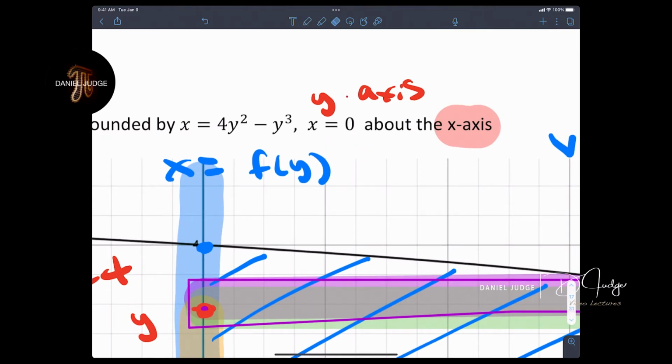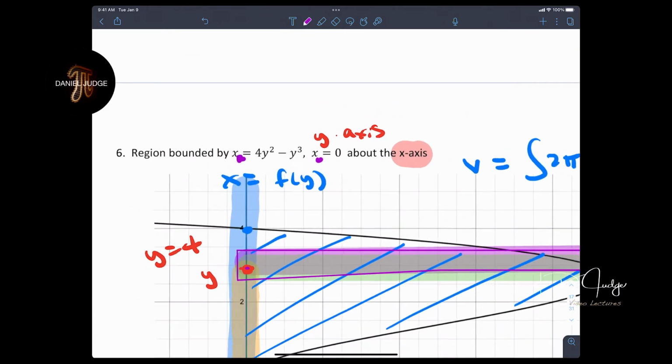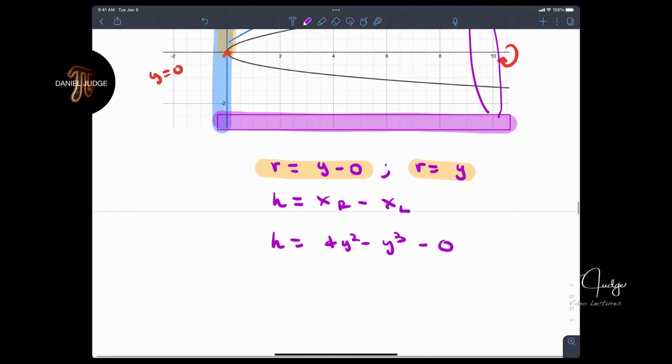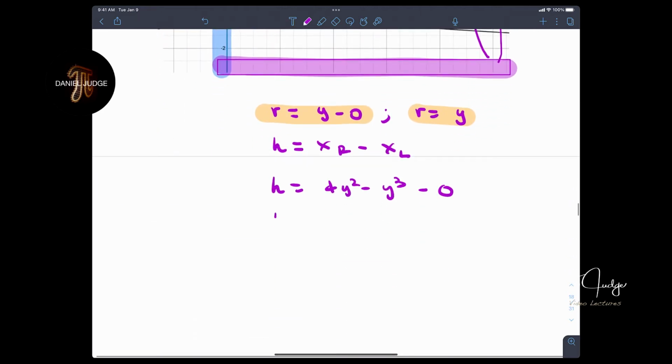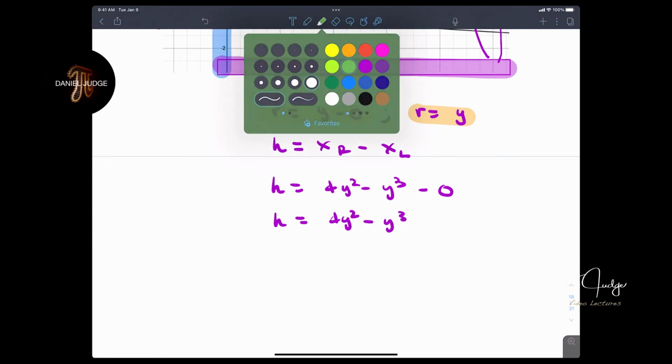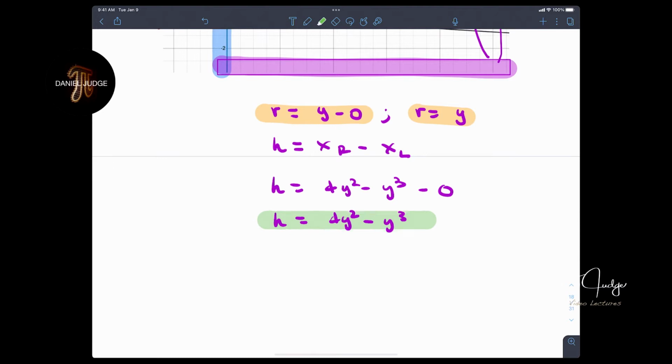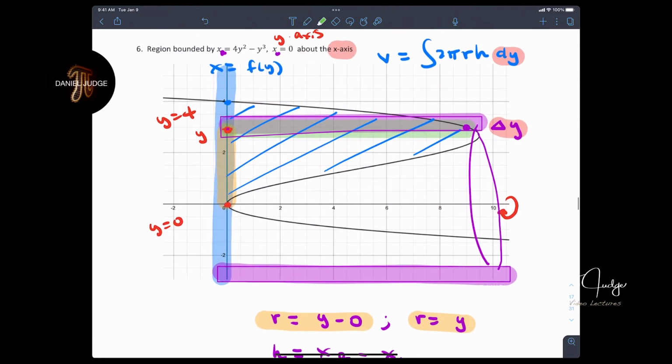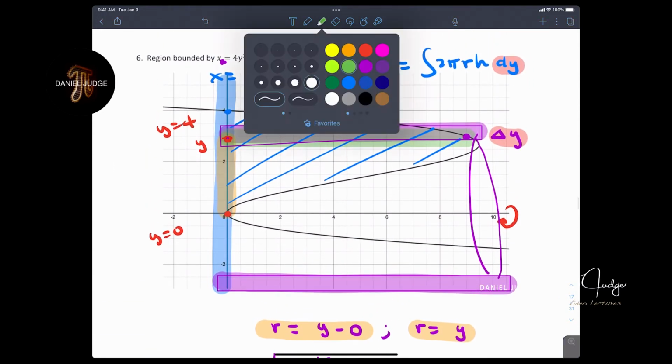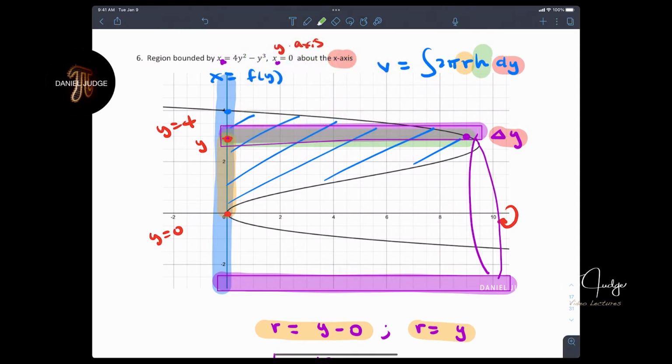XR, XL. Height is 4y squared minus y cubed. Right, left.